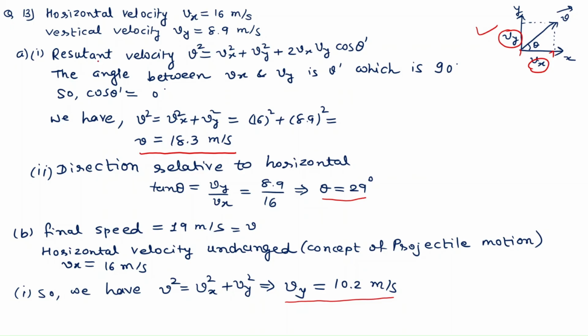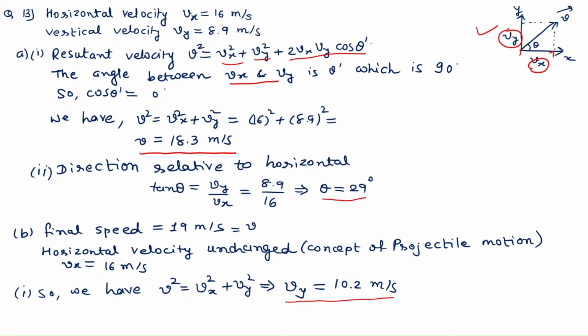Now, we have to find the resultant velocity. So, the given formula for the resultant velocity is v square equals Vx square plus Vy square plus 2 Vx Vy cos theta prime. Here, theta prime is the angle between Vx and Vy.